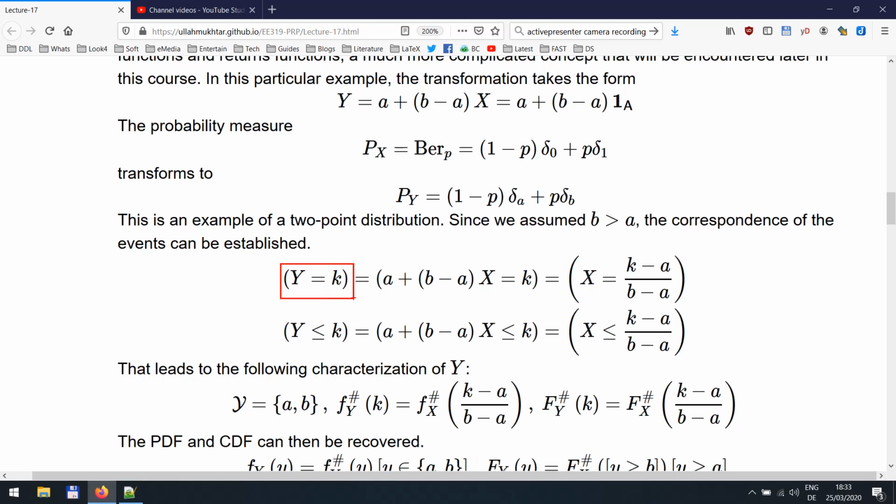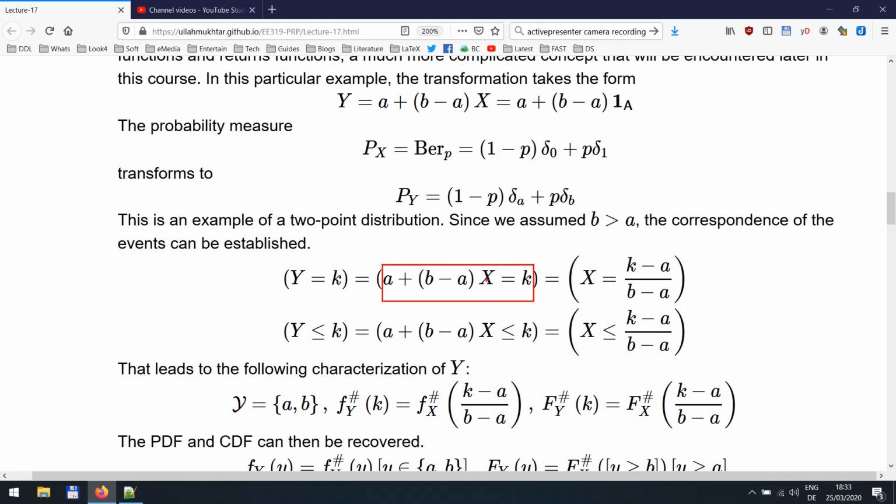I have to assign probability to such an event: Y takes a value k. Now this event can be written in this form. Remember what I have done, I have simply replaced Y with the transformation, a plus, you see, we see it there. So the same question asked by replacing Y with its expression.